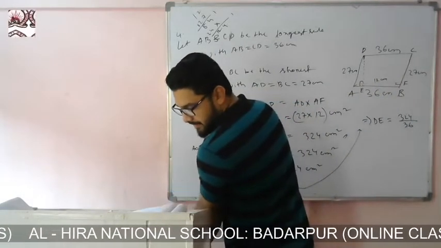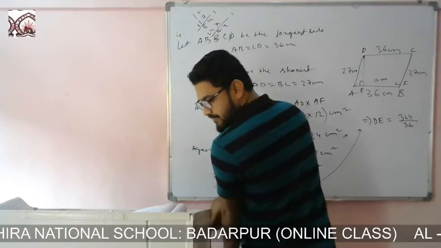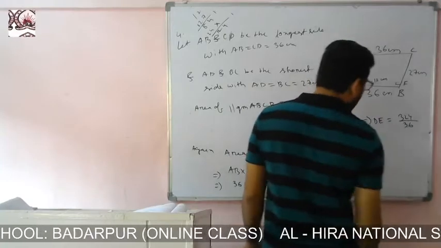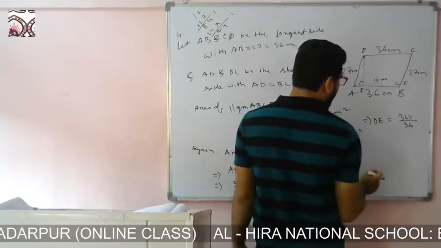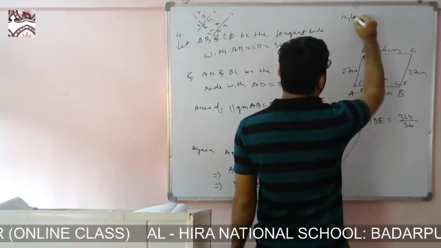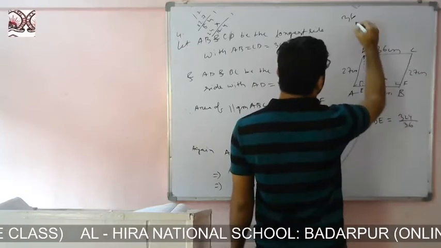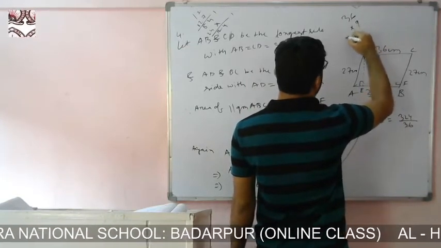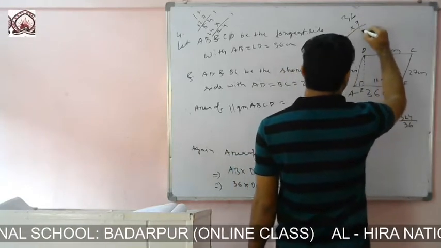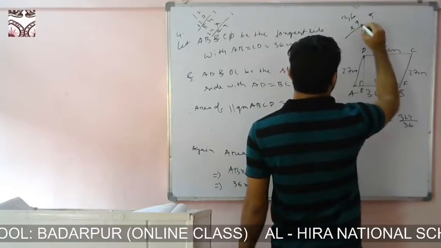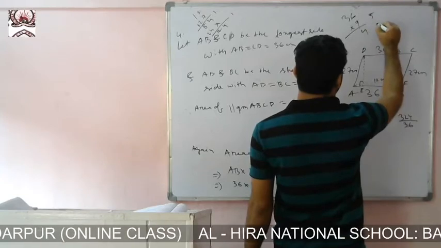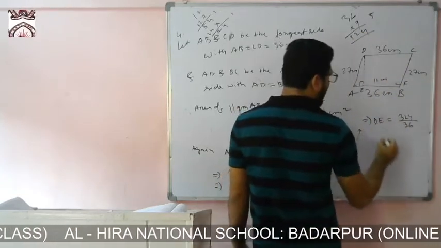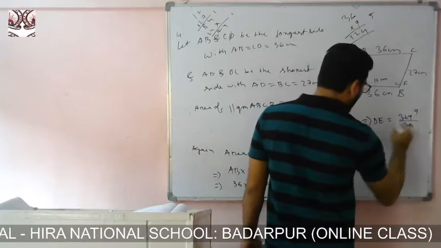Let us check 36 into 4, then let us check with 9. 3 9s are 27, 28, 29, 30, 31, 32. That means with 9 you are getting it. So 36 into 9 will give this one.